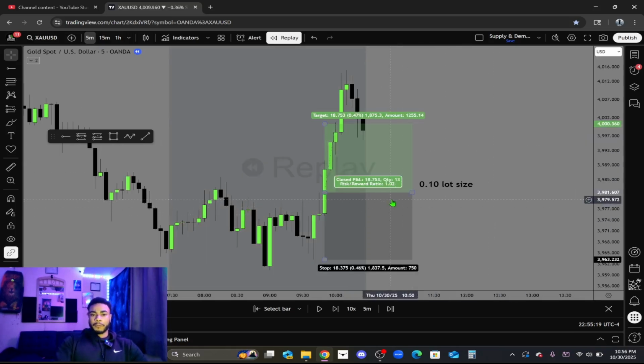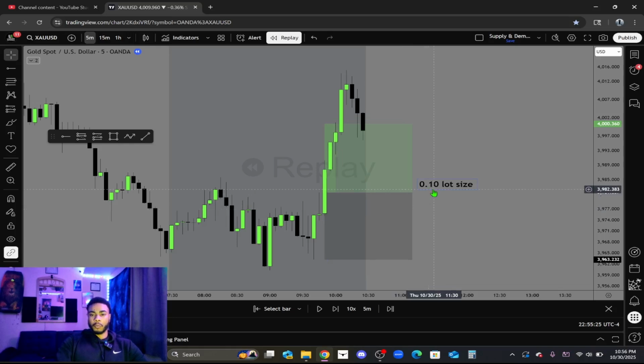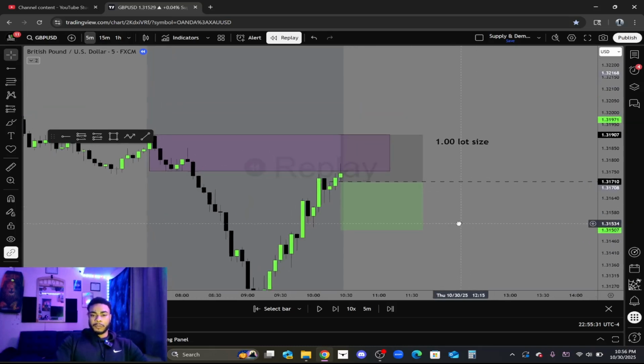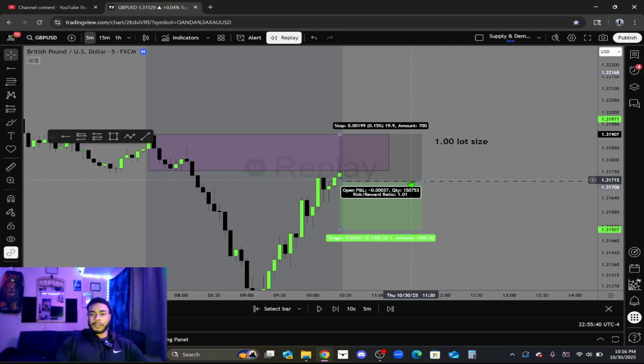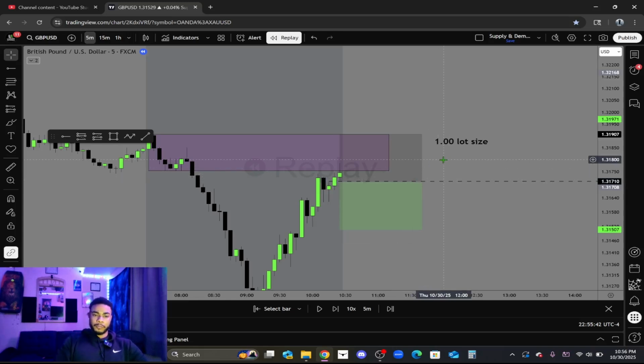On gold, if you're risking $200 with 183 pips, you'll be putting a 0.10 lot size. And on GBP USD, you'll be putting 1.00 lot size to be risking $200 with 20 points or 20 pips. And hopefully that helped you understand how I calculate my lot size, which is fairly simple.